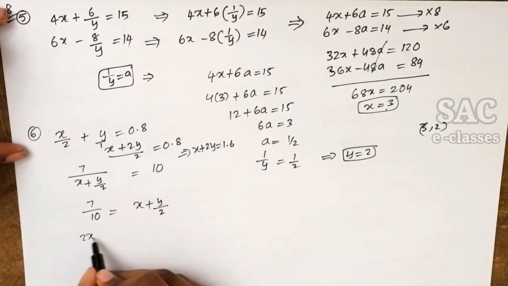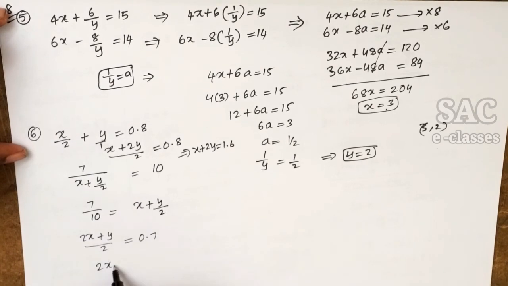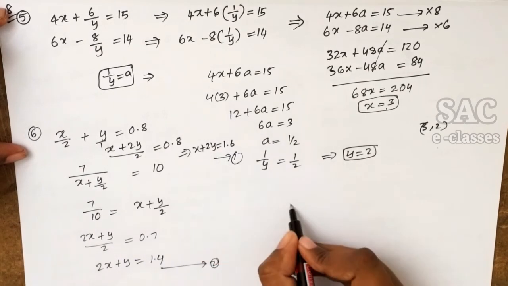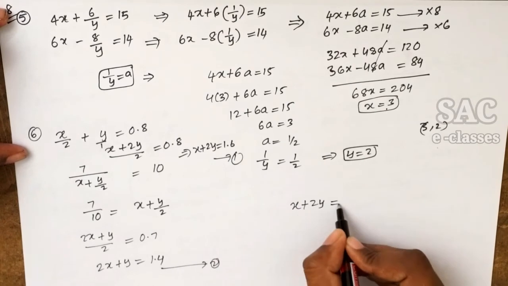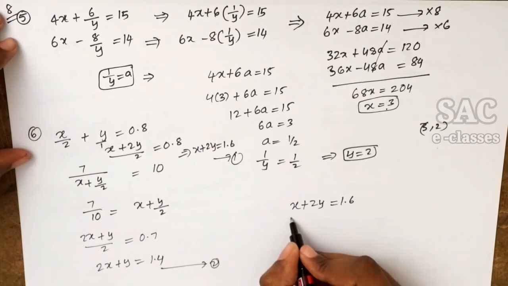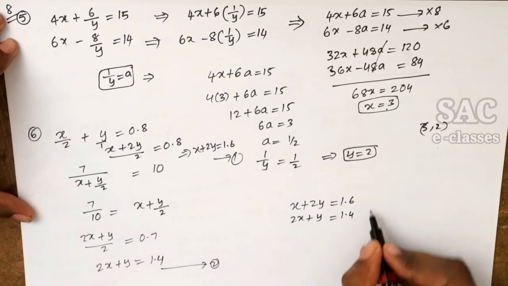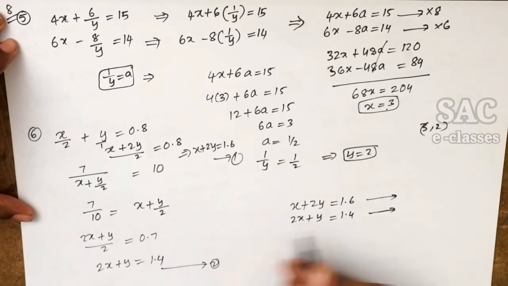Then 2x plus y by 2 equal to 0.7, 2x plus y is equal to 1.4. Think of it as equation 2 and here equation 1. By solving x plus 2y equal to 1.6 and 2x plus y is equal to 1.4, you can get the x and y value.